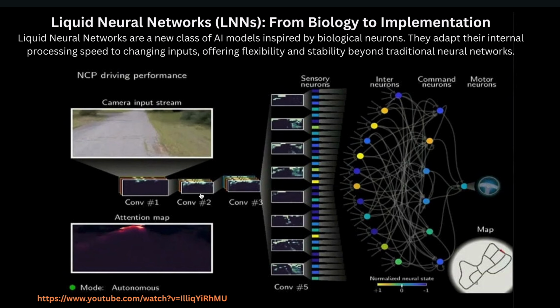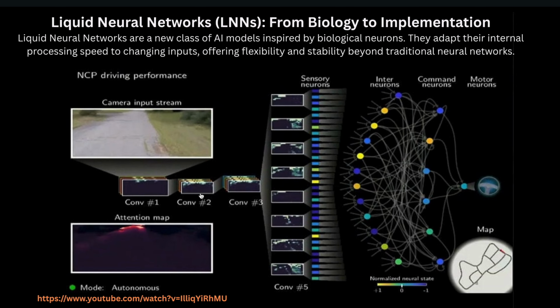So the thing is, liquid neural networks are a kind of new brain-inspired neural network design, and they are designed to be more adaptive and efficient than traditional neural networks.